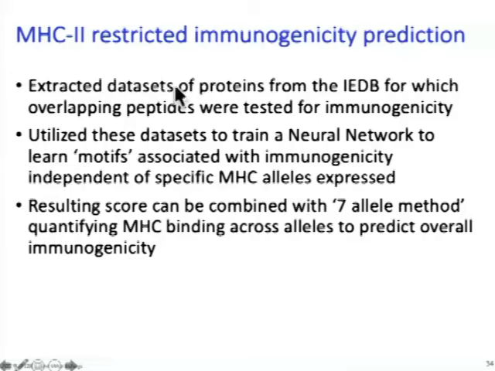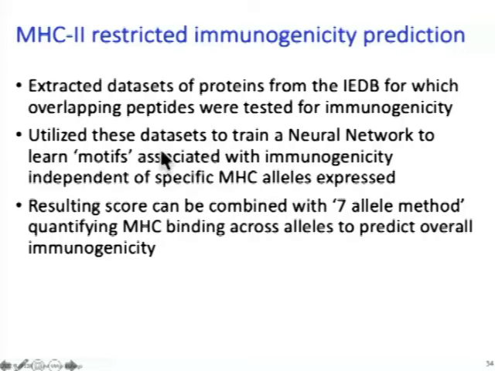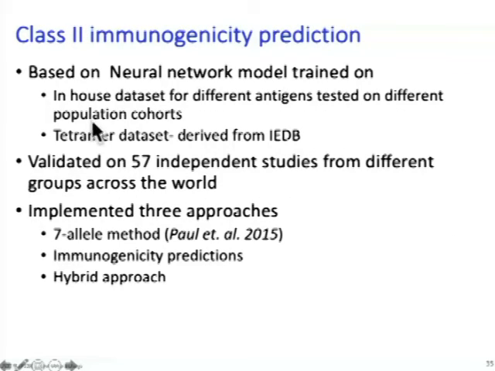This tool looked for proteins from the IEDB where overlapping peptides were used from the start to the end of the protein, all tested for T-cell recognition, and then asked whether we can train a neural network that directly identifies these based on immunogenicity data, independent of the specific MHC alleles present in the donor. So are there general properties that make peptides immunogenic?